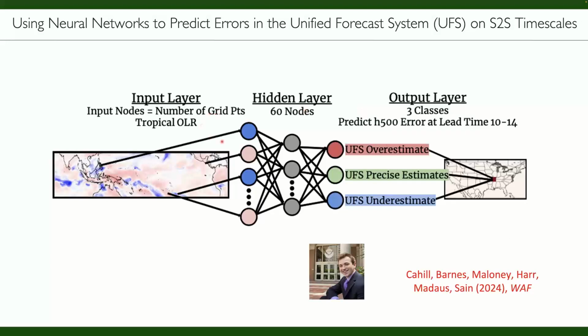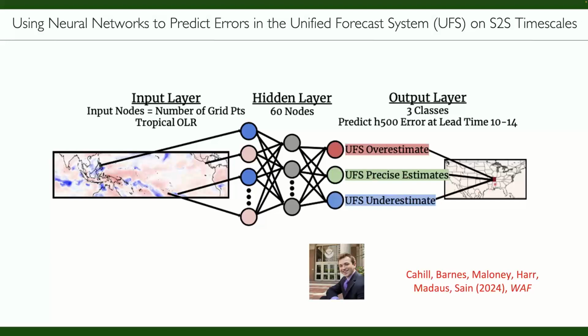As I mentioned, we're going to use a neural network to try to predict errors. And how this is going to work, and again, I'm not an AI expert, many of my collaborators are, but I'll talk a little bit about what we've done. We input tropical OLR anomalies as the input layer into the network and run this through a hidden layer of 60 nodes and predict if the UFS either overestimates, gets geopotential height anomalies well, or underestimates geopotential height anomalies.